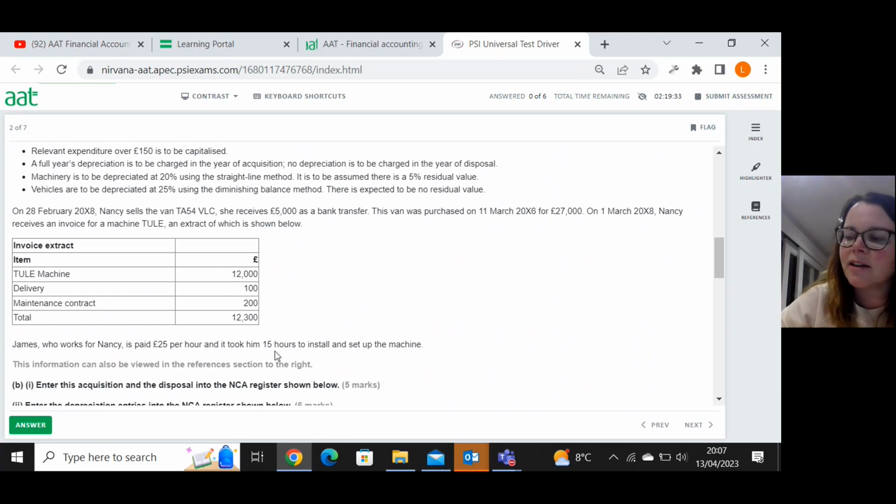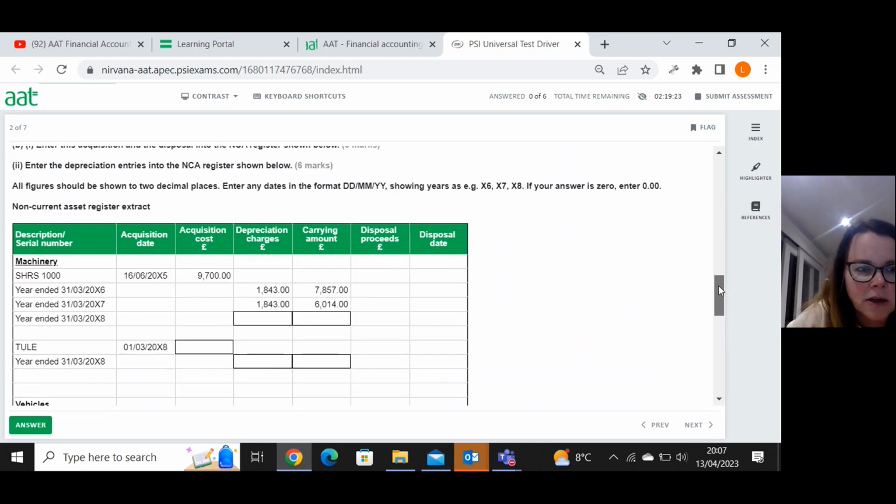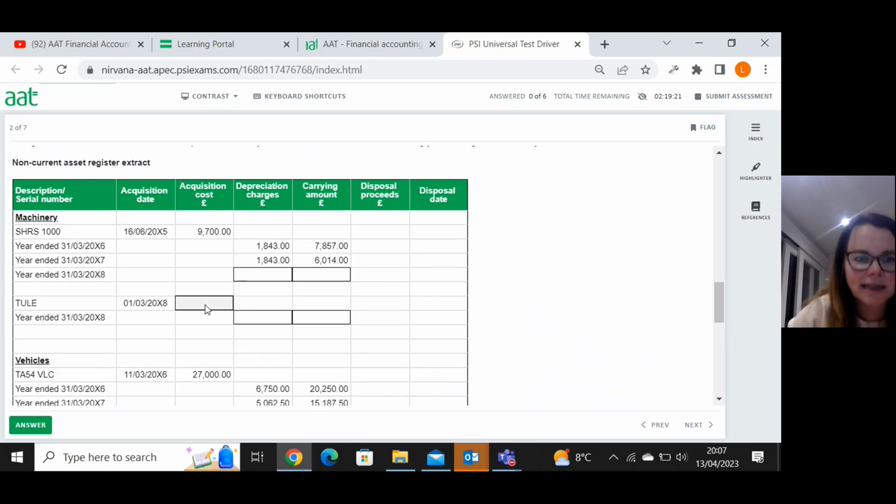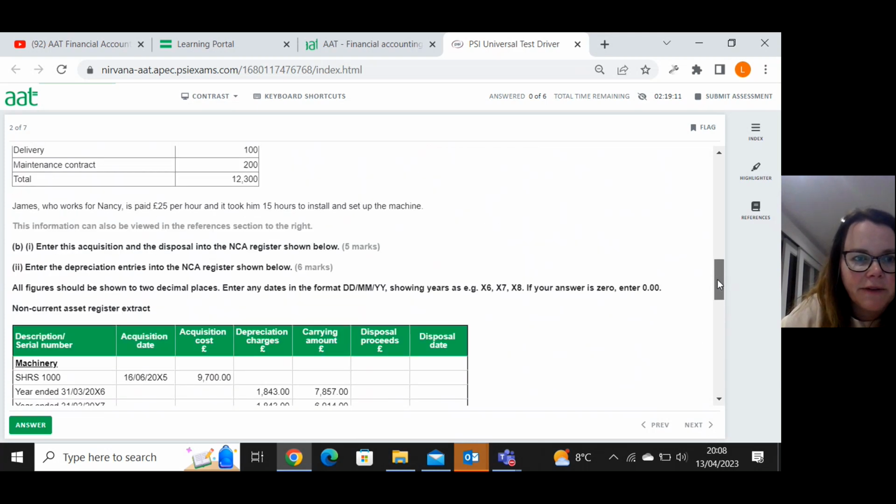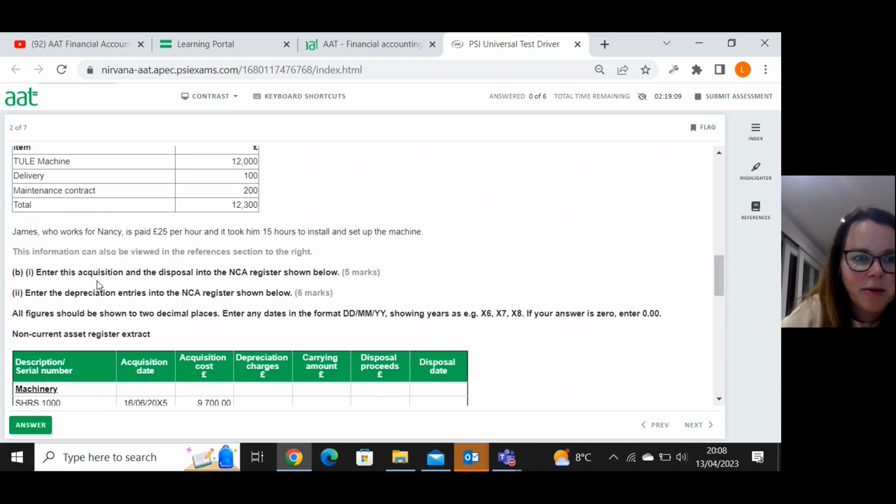So I'm going to add that on to my 12,100 that I have so far, which gives me a total of 12,475. Right, and that will be my total acquisition cost, the cost of this machine. Don't forget your 2 decimal places. Right, so I've done that. I've put in the acquisition and the disposal.